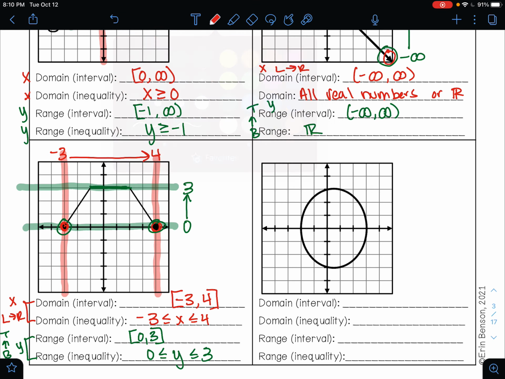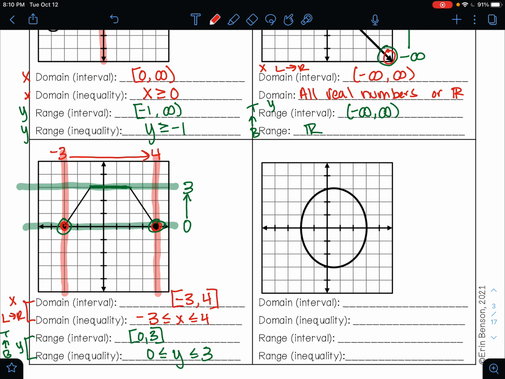So your domain are your x values from left to right. The furthest point to the left of this graph is this point right here. This is where x is -2. The furthest point to the right is this point right here.